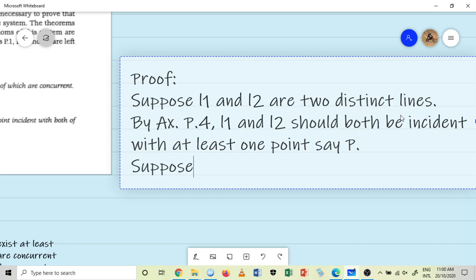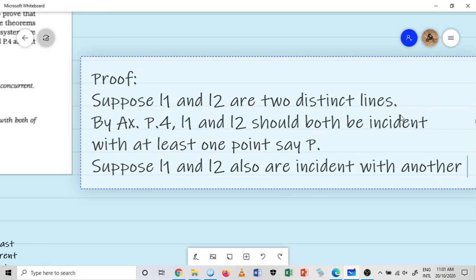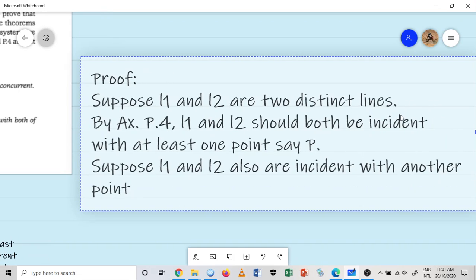Suppose L1 and L2 also are incident with another point, let's say R.